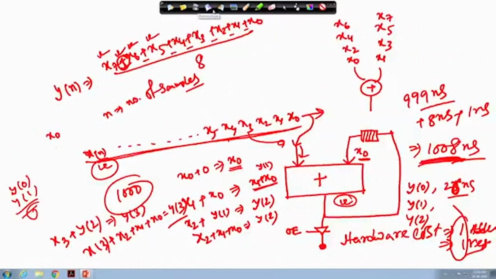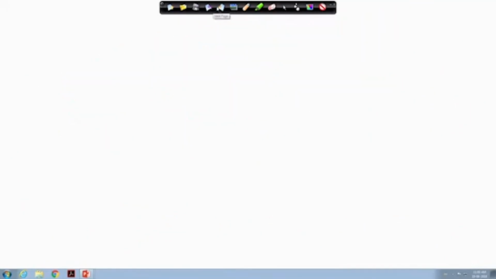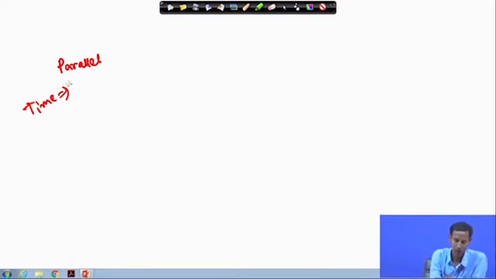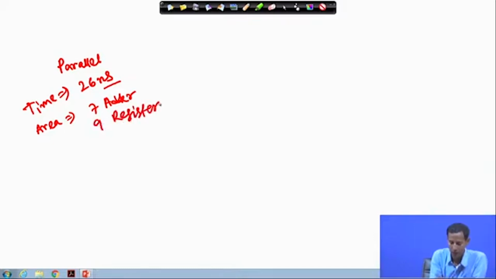So, if I just again come back to this, now let us conclude. For the parallel implementation, the time requirement is 26 nanosecond, and the area is 7 adders plus total 9 registers, right.